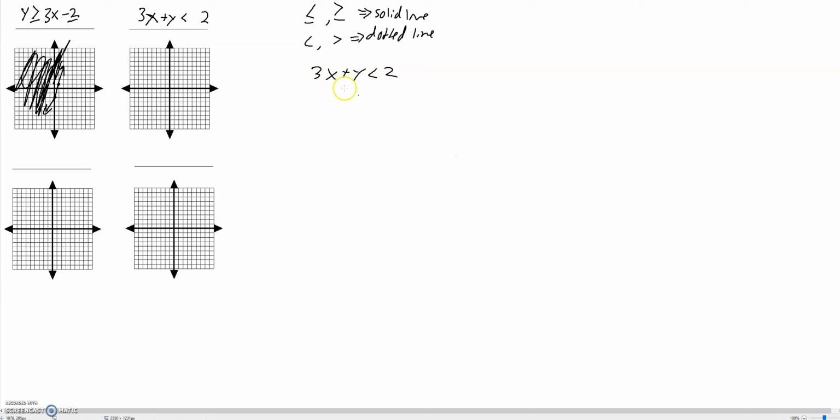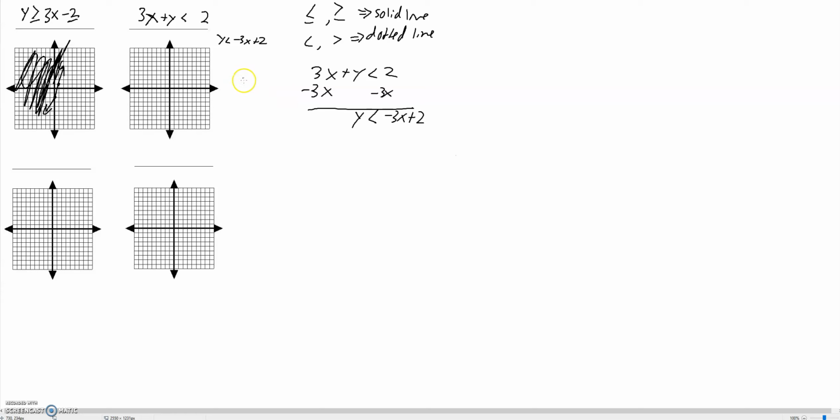We need to go about solving this, so I'm going to subtract 3x from both sides to get it into slope-intercept form. This will give me y is less than negative 3x plus 2. This is going to be the inequality that I'm looking at.